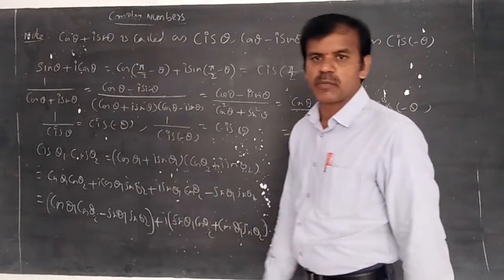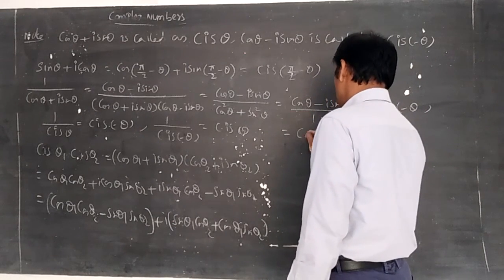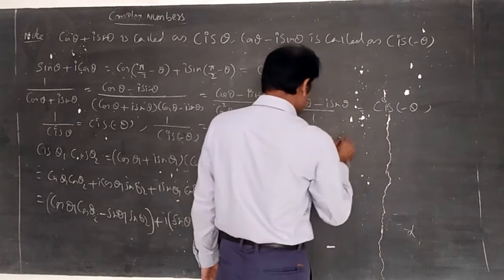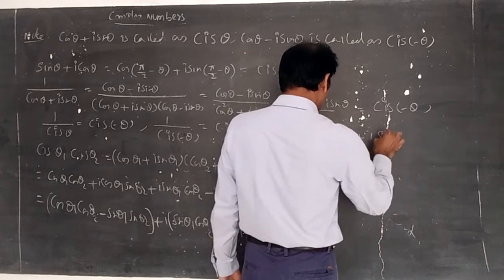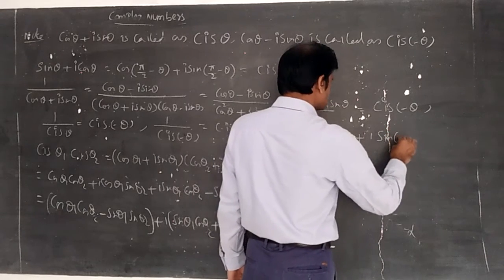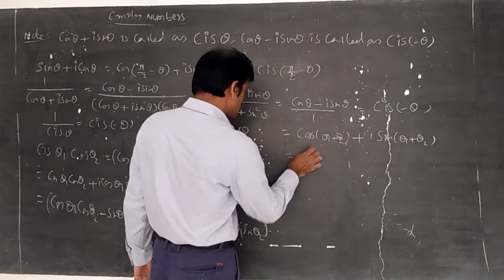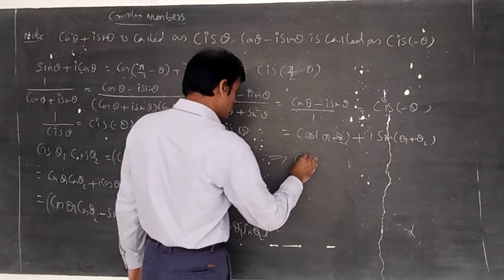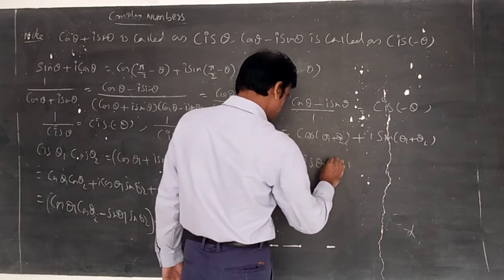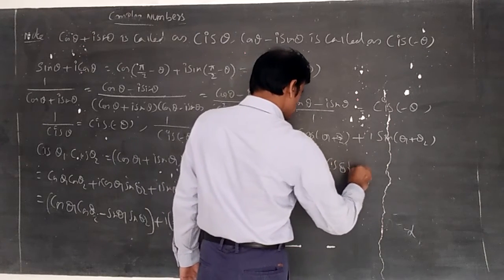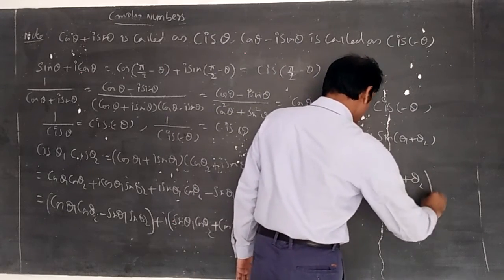It is cos of A plus B. So here you write cos of (theta 1 plus theta 2) plus i sin of (theta 1 plus theta 2), this being of the form sin A cos B plus cos A sin B. That implies cis theta 1 into cis theta 2 is cis of theta 1 plus theta 2.